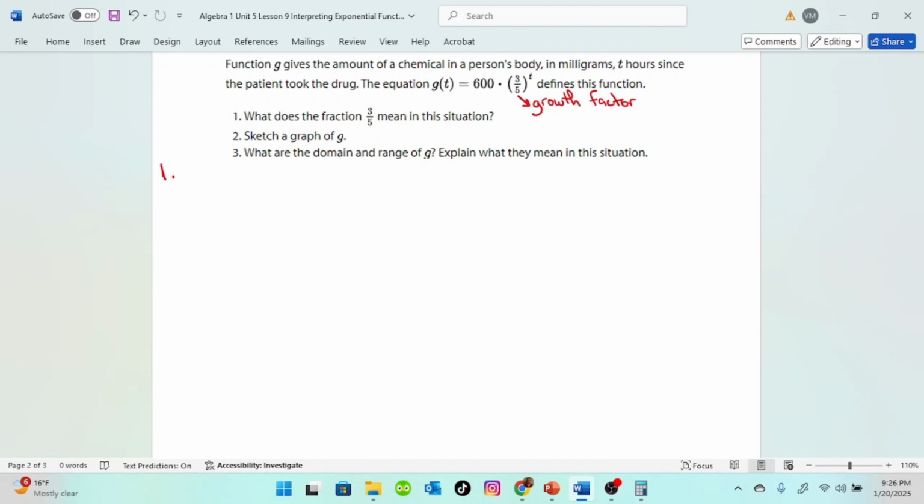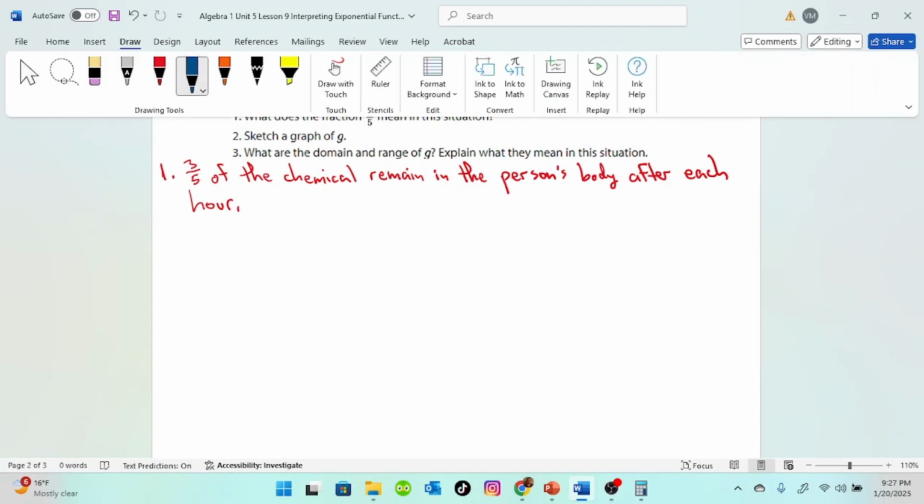So this means 3/5 of the chemical remain in the person's body after each hour. That's how we answer number 1.